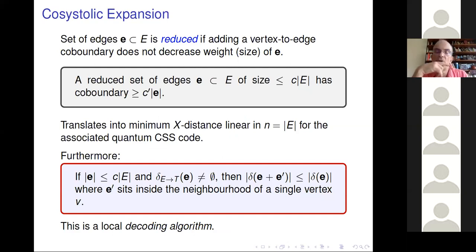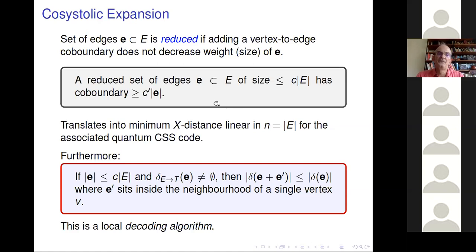One of the consequences is expansion in many senses. So one notion of expansion that is relevant to us is what several people have called Cosystolic expansion.